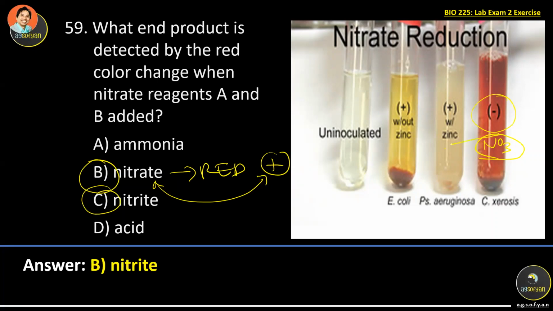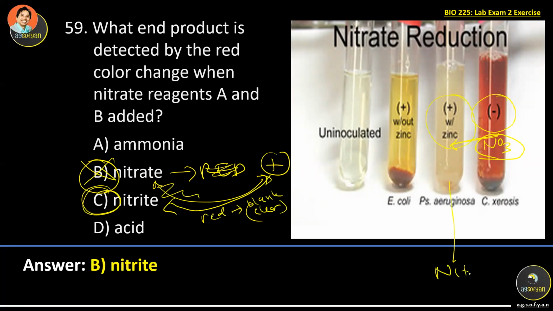The red color changes to kind of a blank or clear color, so this is the presence of nitrite. So this should be C.